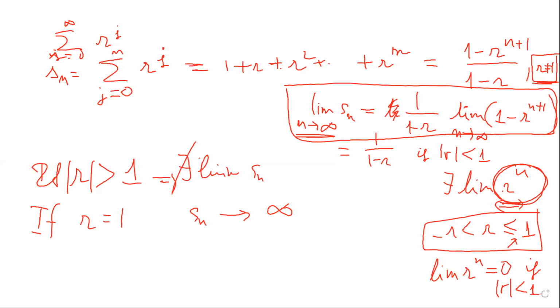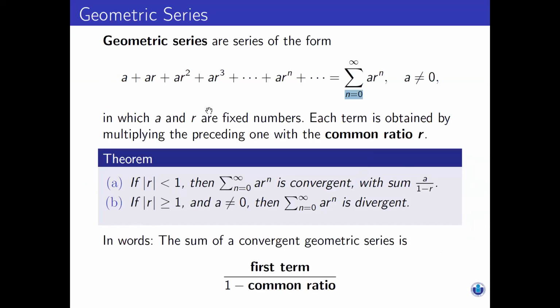Okay, so let me go back to the slide and give you the formula. We just saw this formula. You multiply by a, then you get the series is a over 1 minus r, and when r is bigger than 1, and of course a is non-zero, then the series diverges.